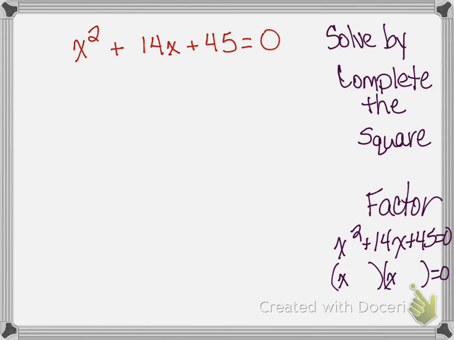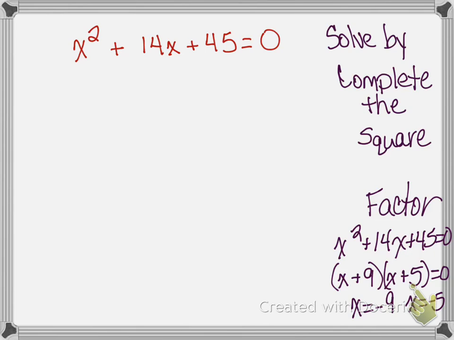What's my sum? 14. So I need 2 numbers that multiplied together give me 45 and added together equal 14. 9 and 5. So I have x plus 9 and x plus 5. So I end up with x equals negative 9 and x equals negative 5.